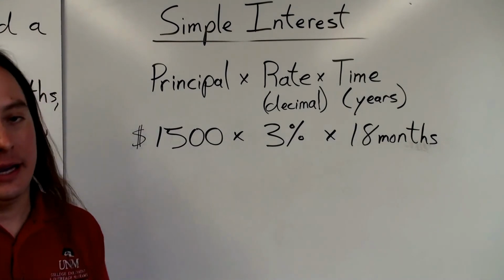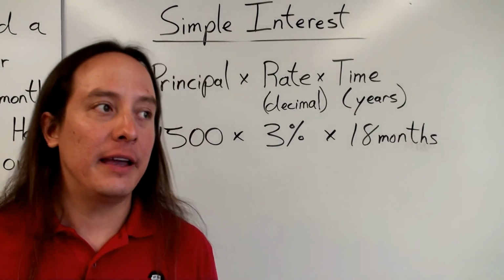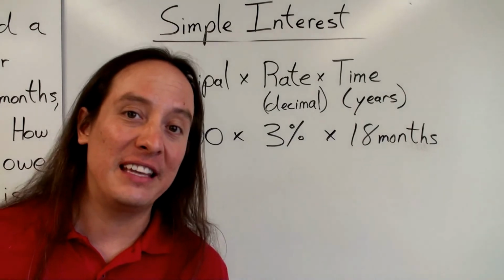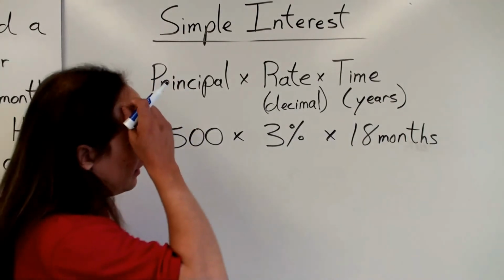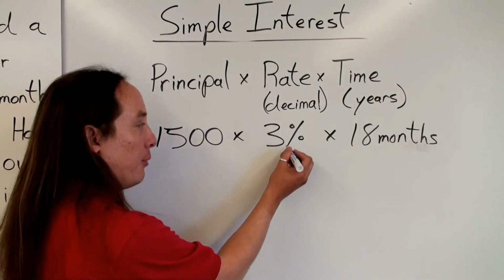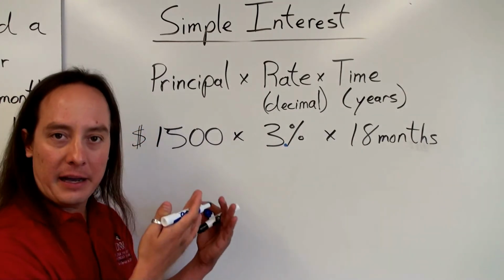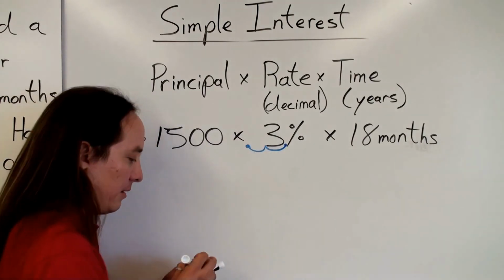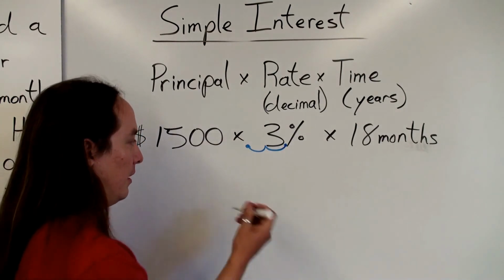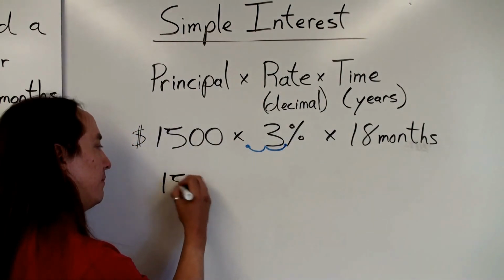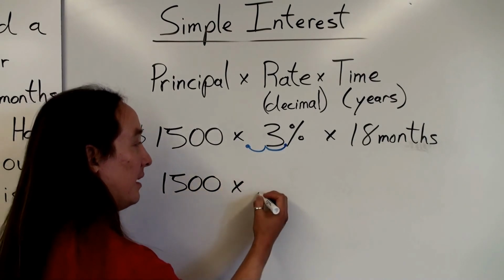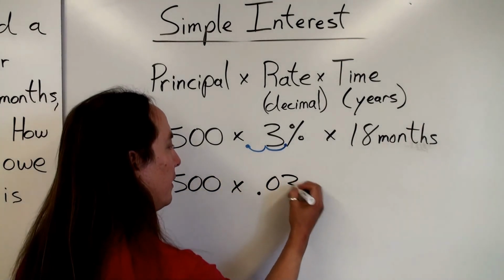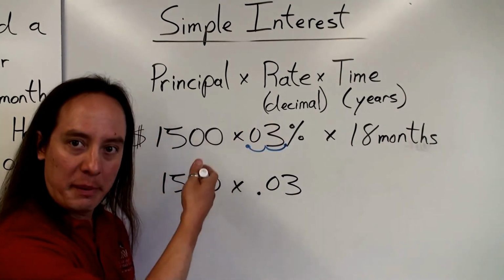So again, I've got to make my percentage rate into a decimal, and my time needs to be expressed in years. Okay, so again, for this to be 3%, my point is here, and I had to divide by 100 to convert it to a decimal. It's just moving the decimal 2 to the left. All right, so I would have 1,500 times 0.03. Remember, there's another zero because there's an extra space, right?